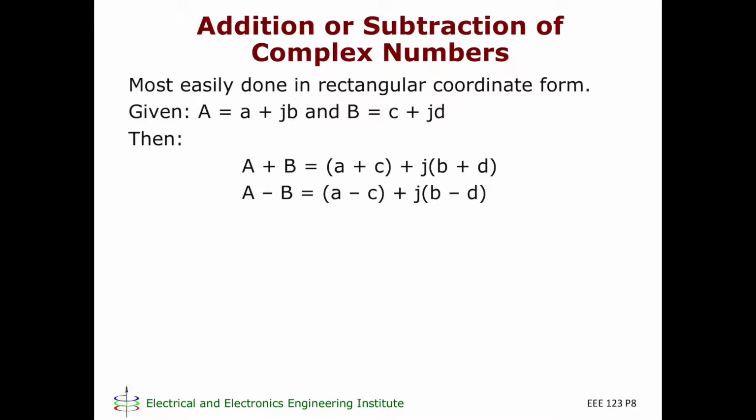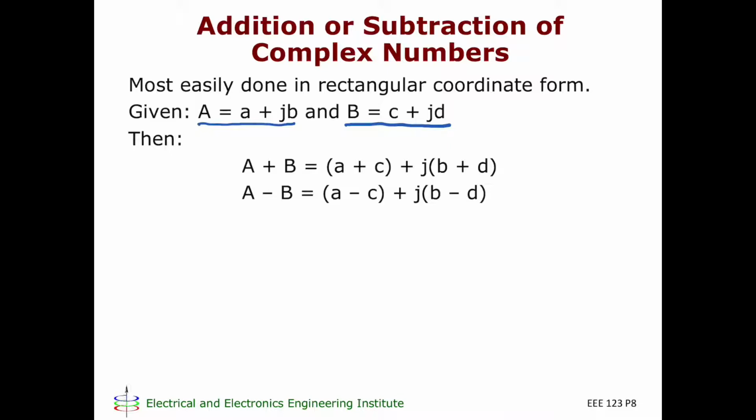You're going to have to be adept at performing computations with complex numbers. Let's start with addition and subtraction. This is most easily done in rectangular coordinate form. So for example, if A is equal to a plus jb and B is equal to c plus jd, the sum, A plus B, would simply be a combination of their real parts plus a combination of their imaginary parts.